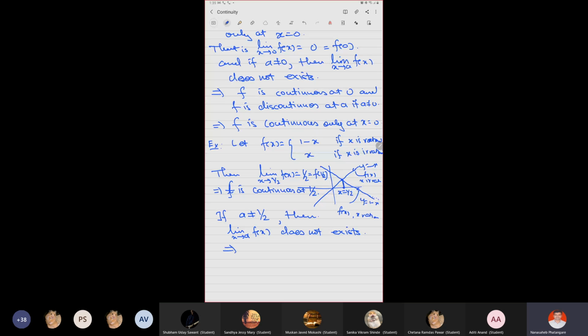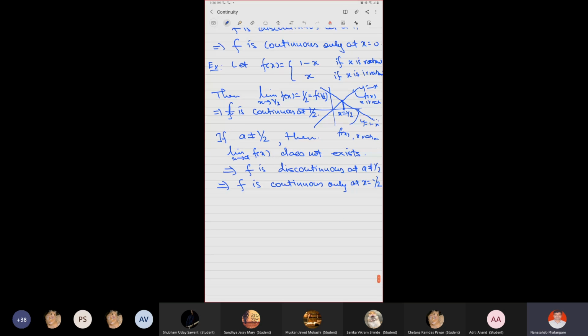And therefore, can I say that f is discontinuous at a which is not equal to half? Right? So hence f is continuous only at what point? Only at half, and at all other points it is discontinuous. Right.